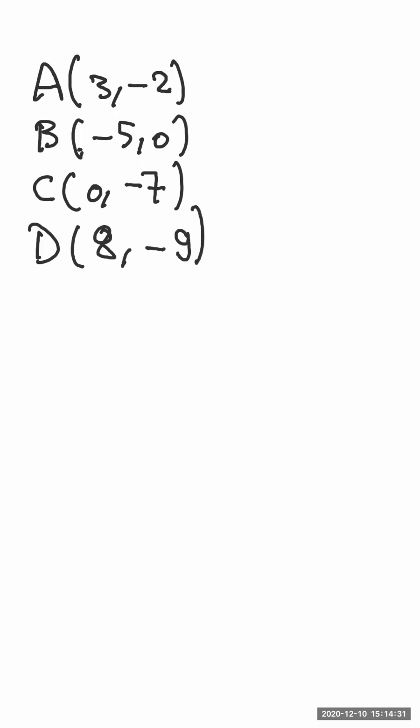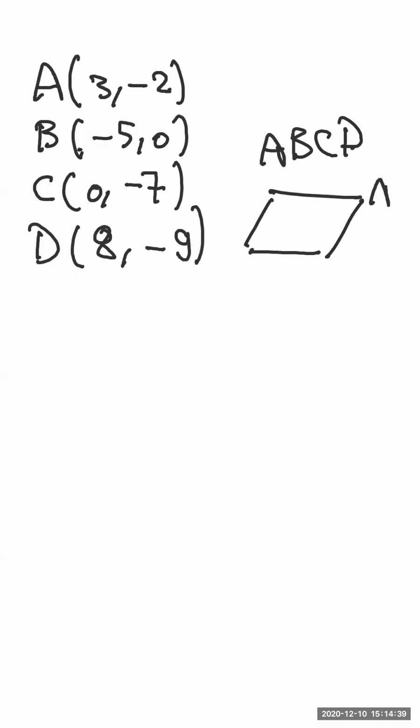Prove that ABCD is a parallelogram. Now I said that to prove that the quadrilateral is a parallelogram, we have to prove that each two opposite sides are equal. So I want to prove that AB equals CD and BC equals DA. That's it.